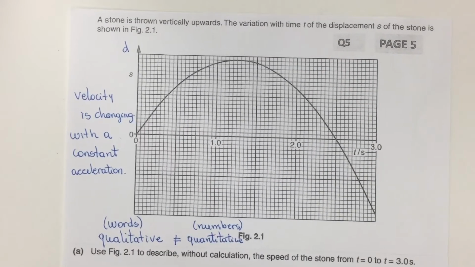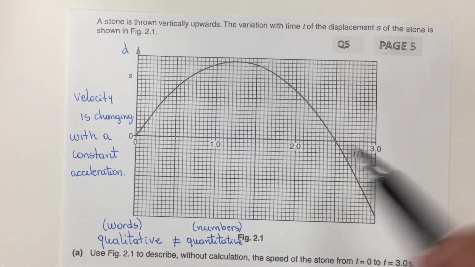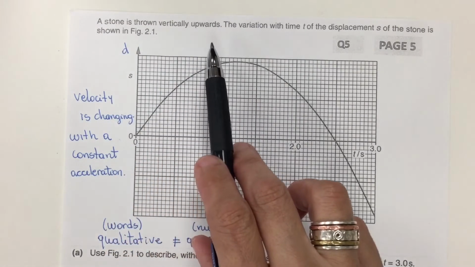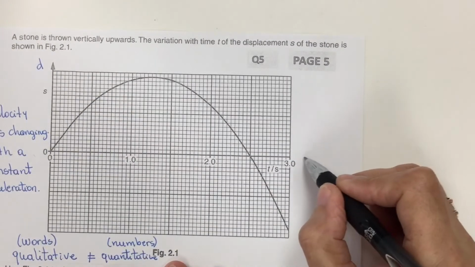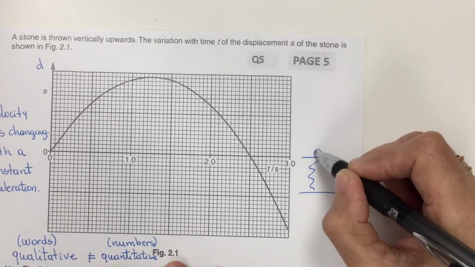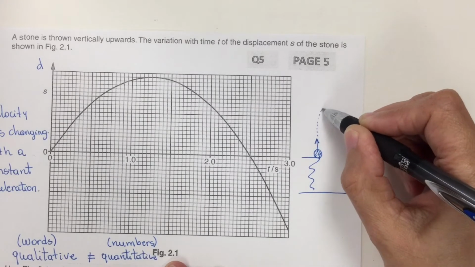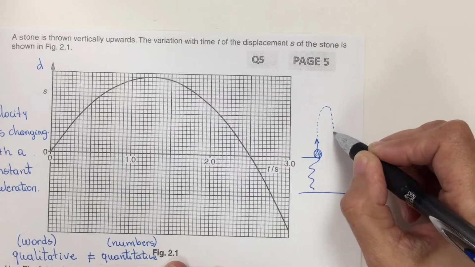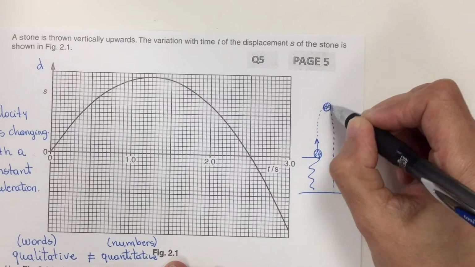Another way that we can do is draw a diagram to help us define what's going on in this problem. Here it says the stone is thrown vertically upward. So let's picture a cliff. Let's say this stone is going to be thrown upward, and then it is going to do this. The stone is going to stop here.